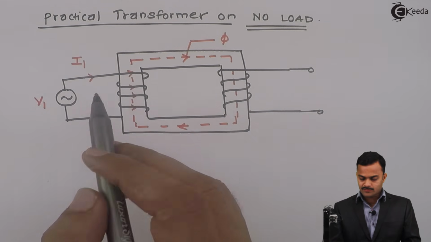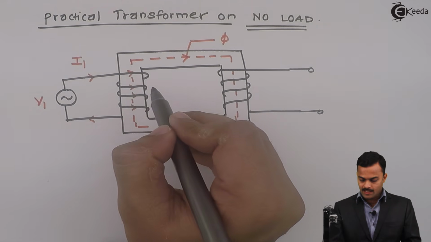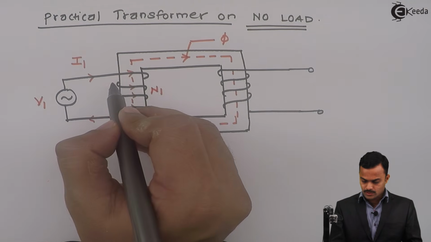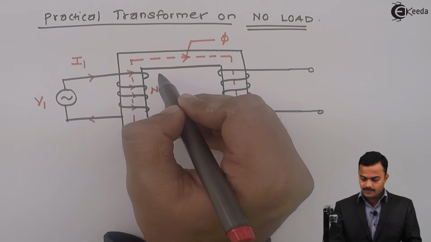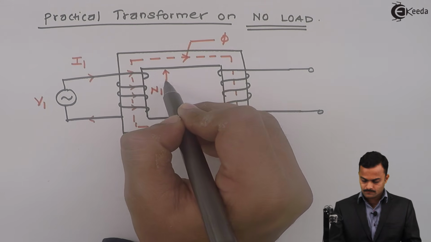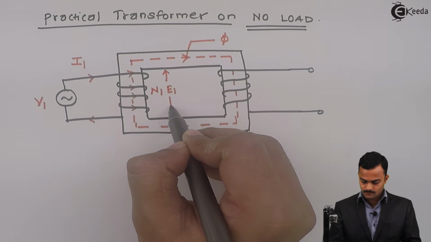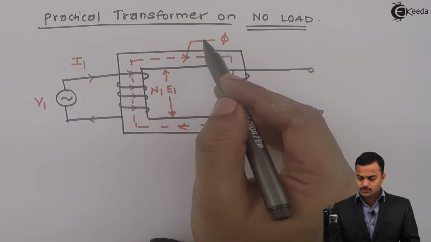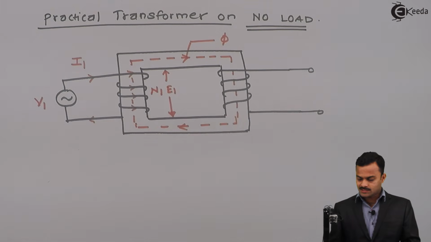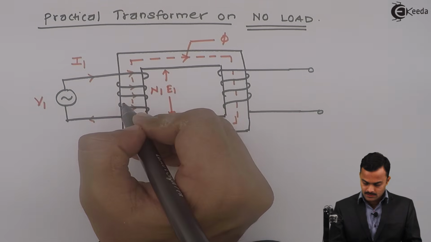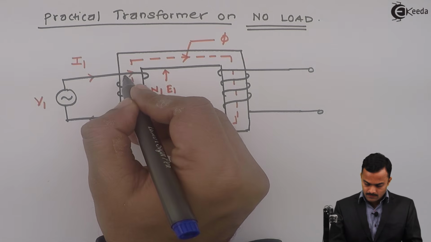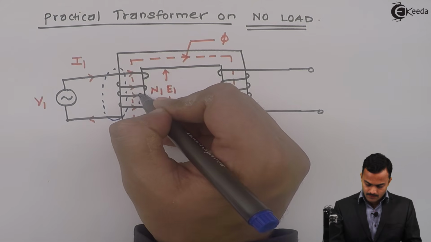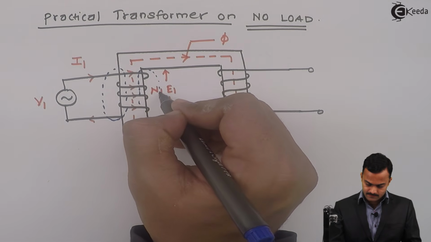Now, this flux phi is linked with this winding having N1 turns and will give rise to EMF E1. Maximum flux will pass through the core, but some amount of flux completes its path outside the core, which we call leakage flux.